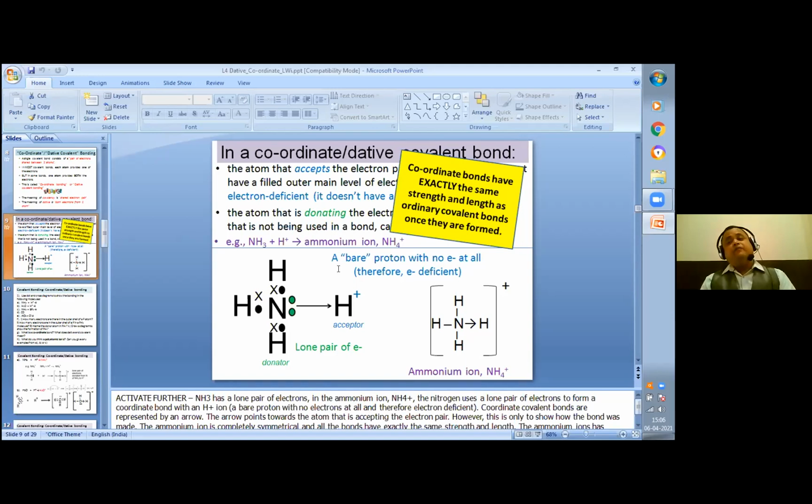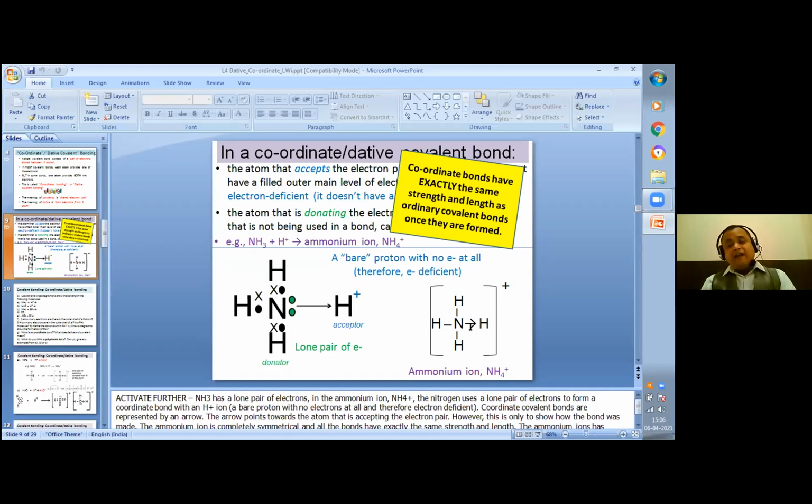So nitrogen will donate a pair of electrons to the hydrogen, and that's why they are forming, look at here, the ammonium ion. And that's why between nitrogen and hydrogen there is an arrow pointing. This arrow is due to the formation of the coordinate covalent bond, that is the dative bond.